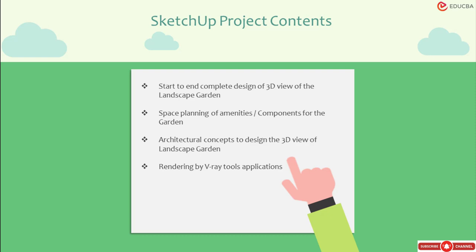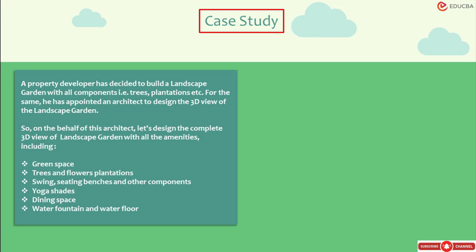As I explained, V-Ray tools are special tools available in SketchUp software to render objects into the actual image. Case study: a property developer has decided to build a landscape garden with all components, that is, trees, plantations, etc. For this, he has appointed an architect to design the 3D view of the landscape garden.